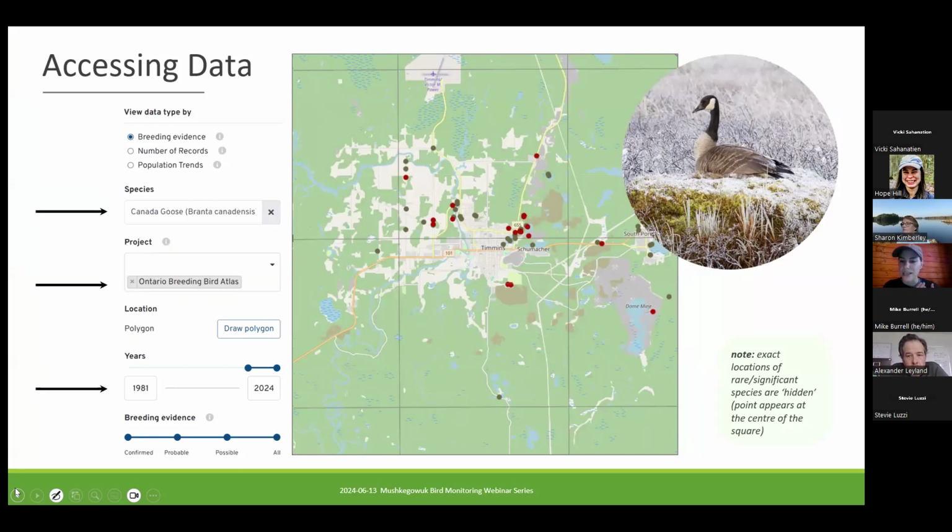I will note that exact locations of rare or otherwise important species are hidden. The point will appear at the center of the square, but it'll just say this species was found in this square, without giving any further details, especially if you're just zooming in on a public map like this. So that's one thing that we're doing to protect their locations. Next slide.